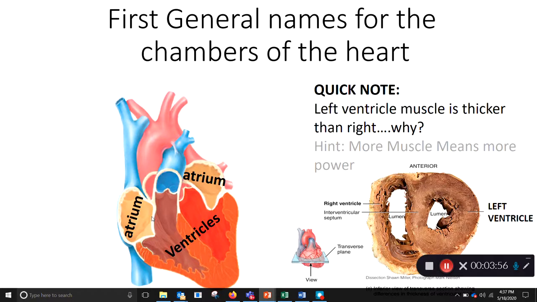Something to note about the ventricles is that they are not built the same, and that is for very good reasons. The left ventricle, you'll notice here in this picture, is very thick. Its myocardium is very, very thick, because it has to do a lot more work to get its job done.